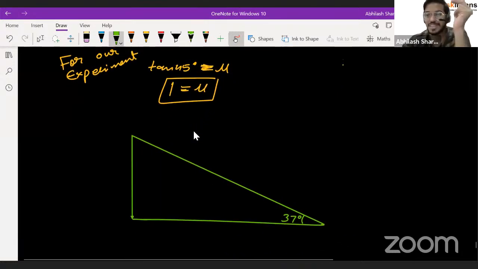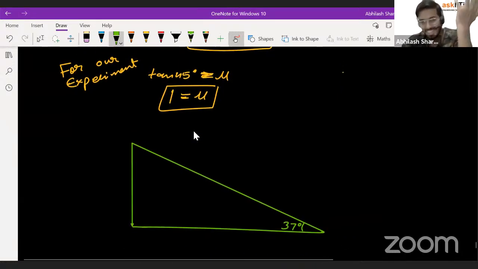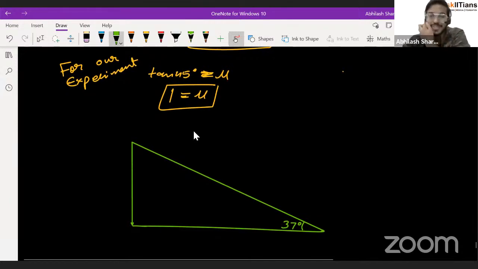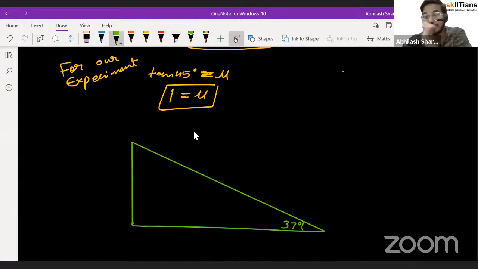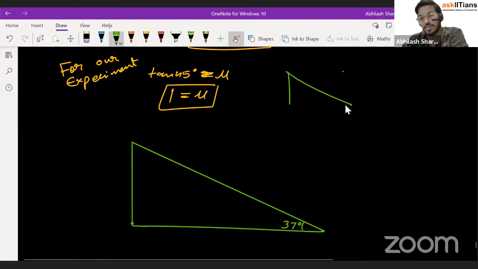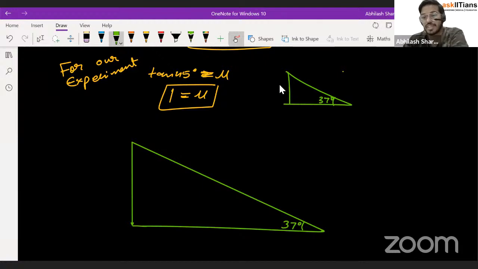But believe me, or you can check it out later as a fact, 37 degrees is an angle where both sine and cos will be rational numbers. It is such a good angle. And you know why? What does the triangle of 37 degrees look like? It has sides 3, 4, 5. That's the triangle of 37. So this is the best angle you can ever imagine.